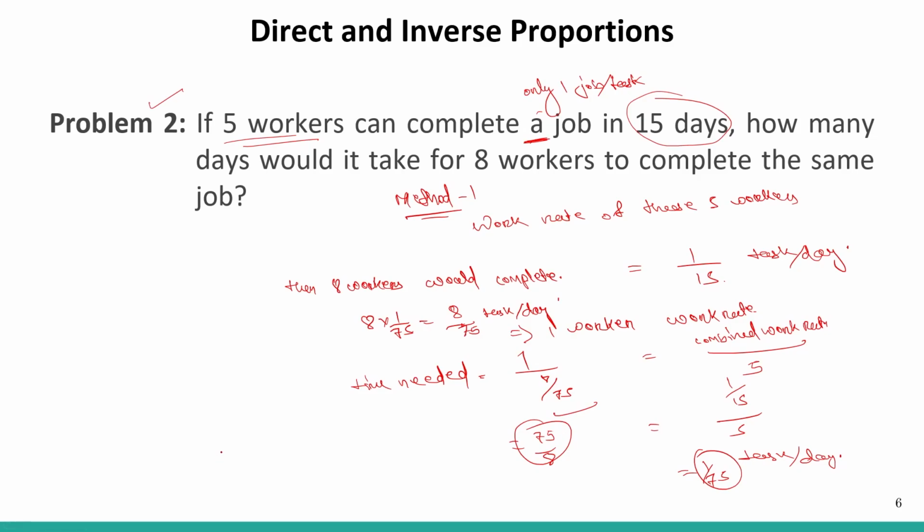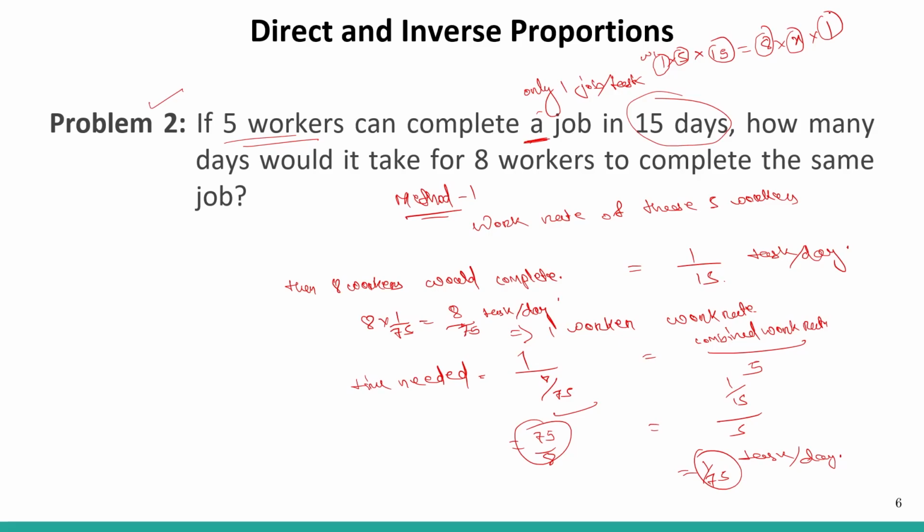Let's solve the same using the work time formula. The work time formula tells us that 5 into 15 is equal to 8 into x into 1. They are solving the same job, the same task. The number of workers is 5 and the amount of time they need is 15. The number of workers is given for the second case, but the time is not available.